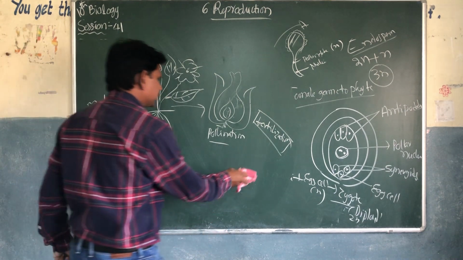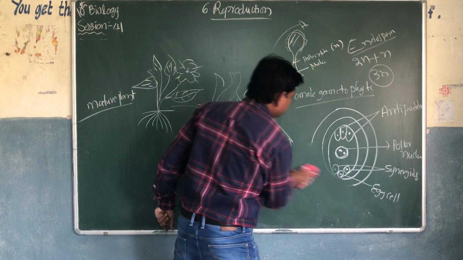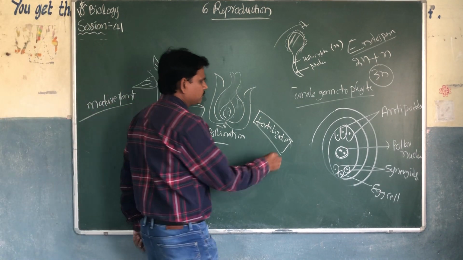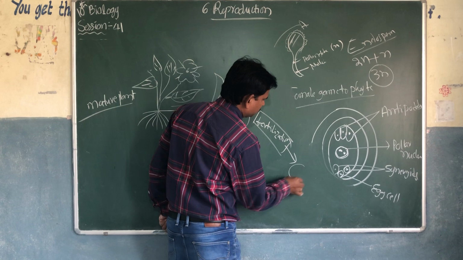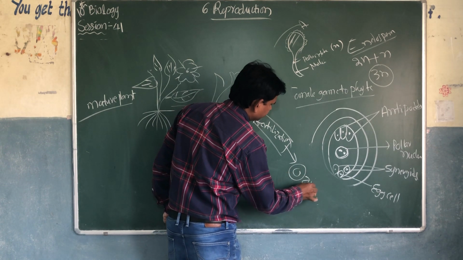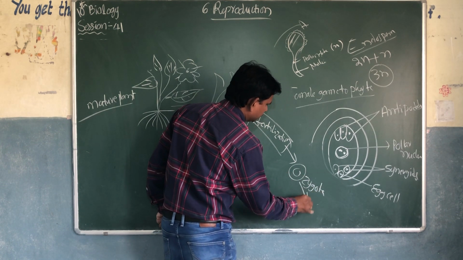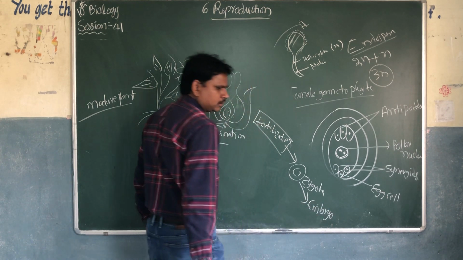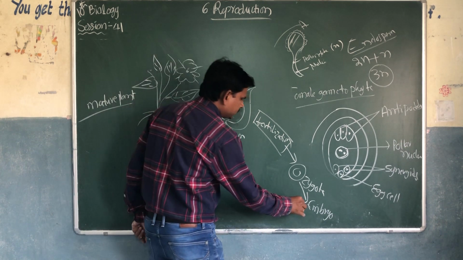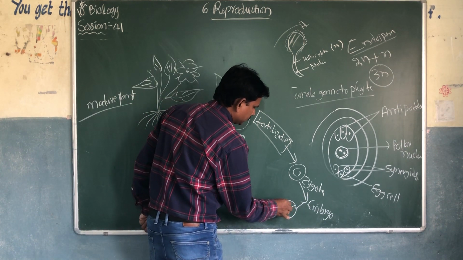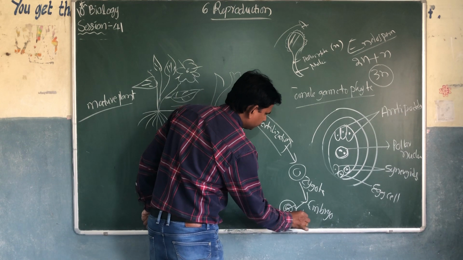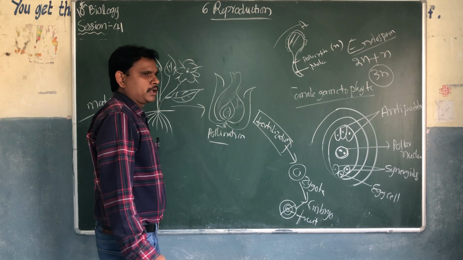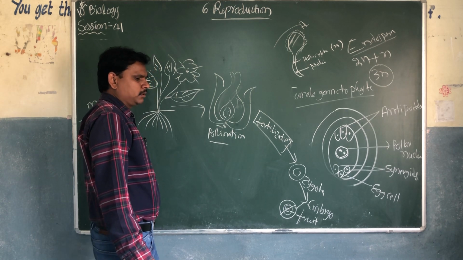What is fertilization? Fusion of male gametes and female gametes. Once fertilization takes place, the zygote forms. This zygote develops into an embryo, and the embryo develops into a simple fruit.